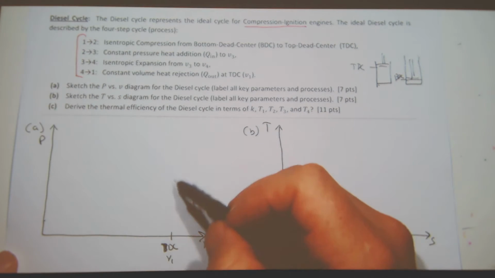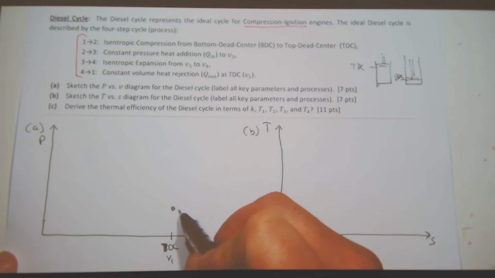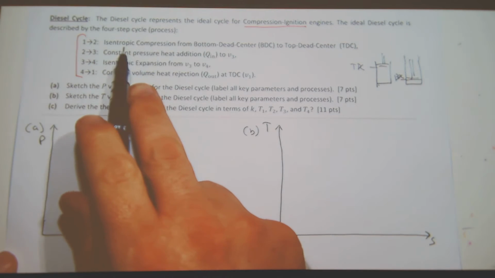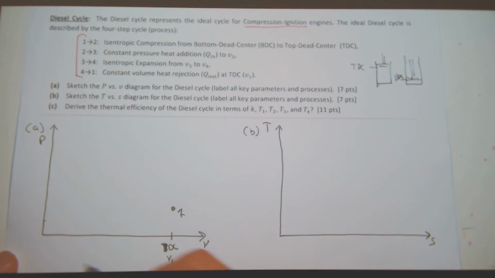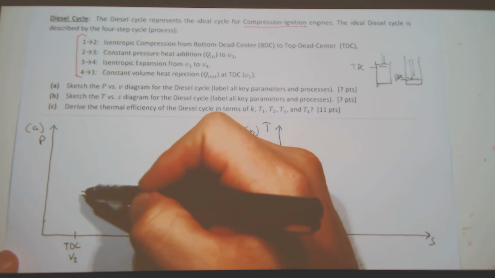So where should I start? Bottom. Okay. So we'll call that state 1. And I have isentropic compression. So to top dead center. And this is going to be my specific volume, or my volume at state 2. And I have compression, so I know I'm going in this direction.